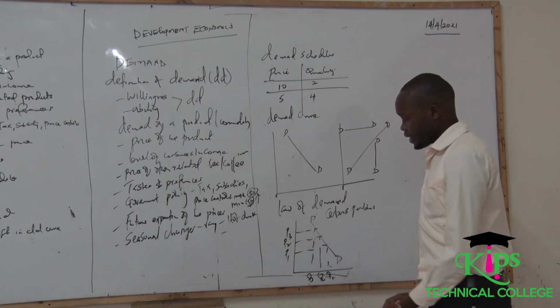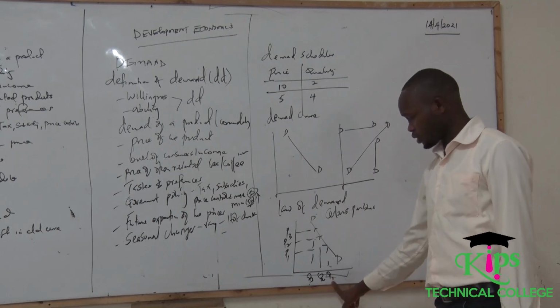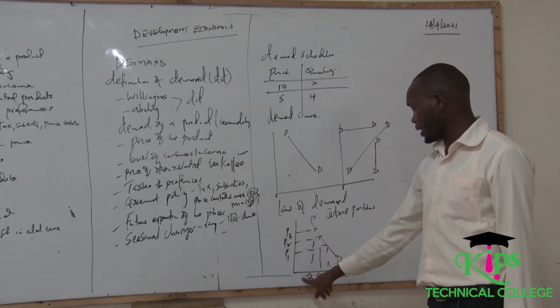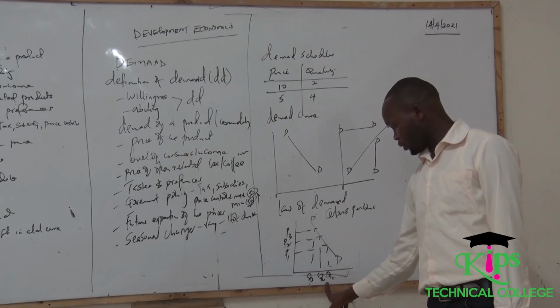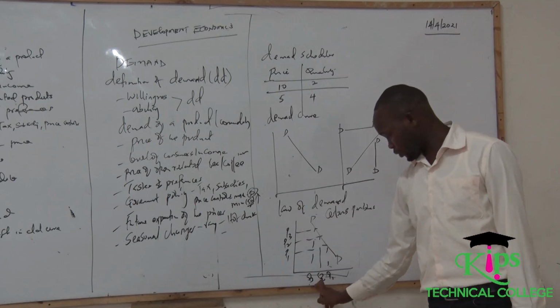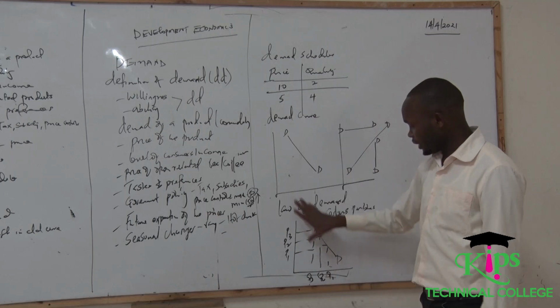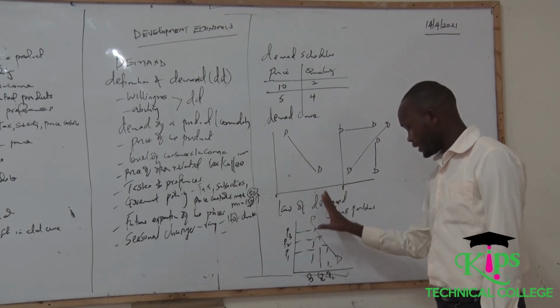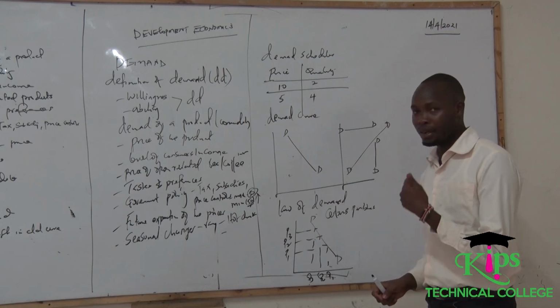From this diagram, you find that when the price is at P1, the lowest, we consume more at Q1. When the price increases from P1 to P2, we consume less than what we were consuming earlier. When the price increases further, we consume even less than before. This is the law of demand: as the price increases, we consume less, and vice versa.